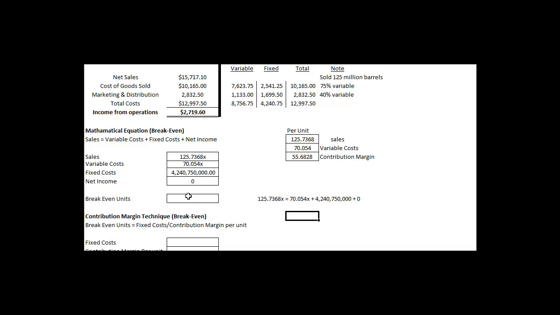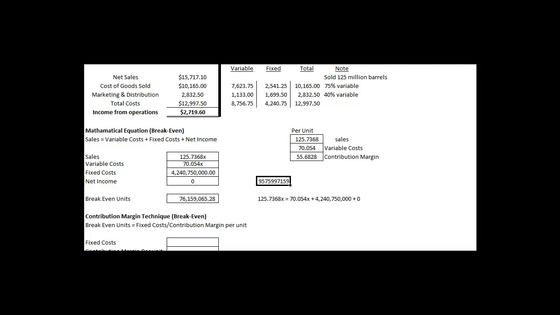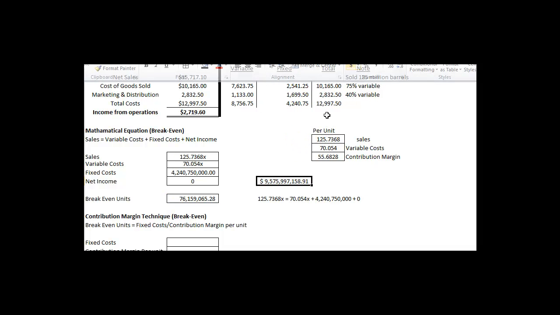If you solve for x, let's see if I can do this quickly here. Break even is 76,159,065.28 barrels of beer. In order to convert that into a sales dollar amount to break even, I take the number of units times the sales price per unit that I've calculated up here. That tells me, and let's just format this so we can see, $9 billion to break even. That's just to break even for the current year.